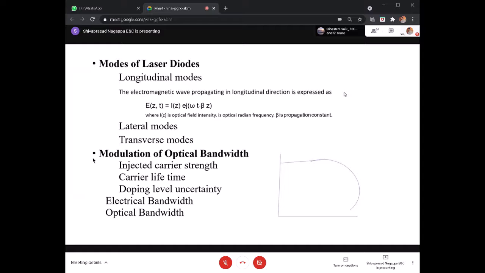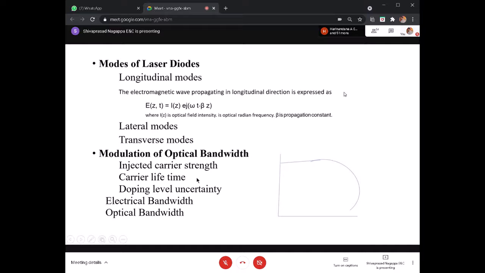the injected carrier strength. As you all know, it is based upon the injected carrier strength.